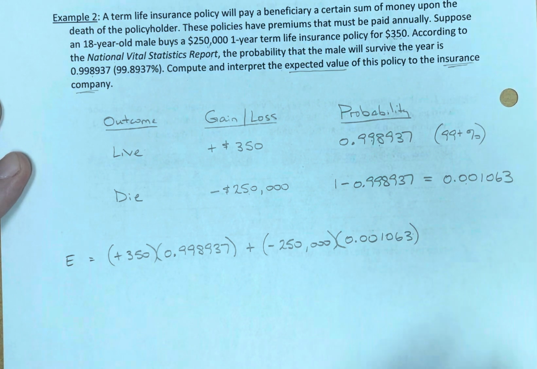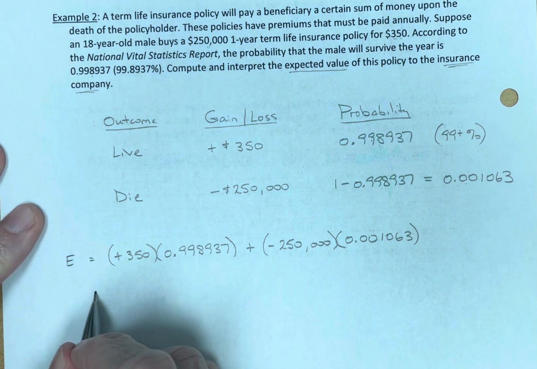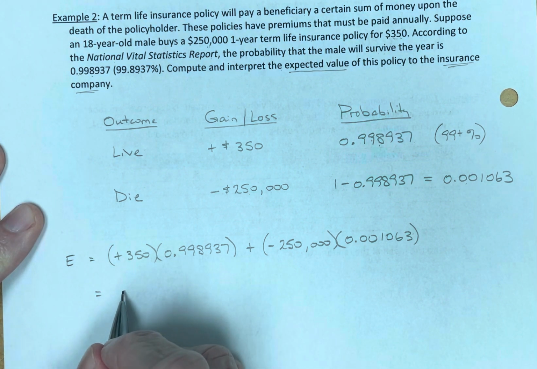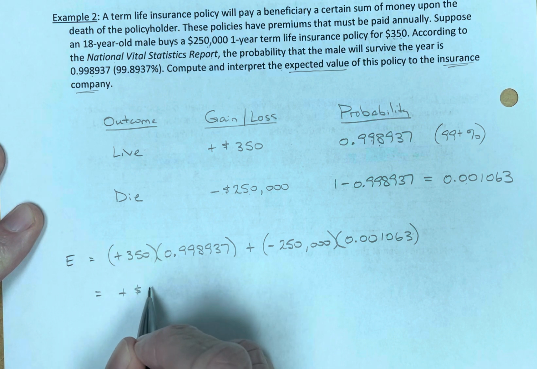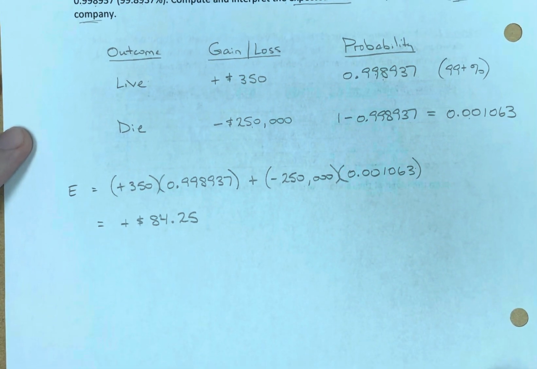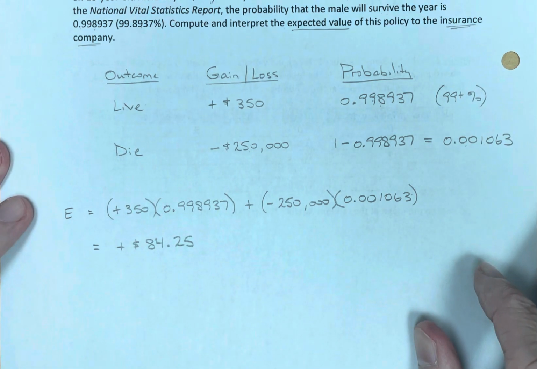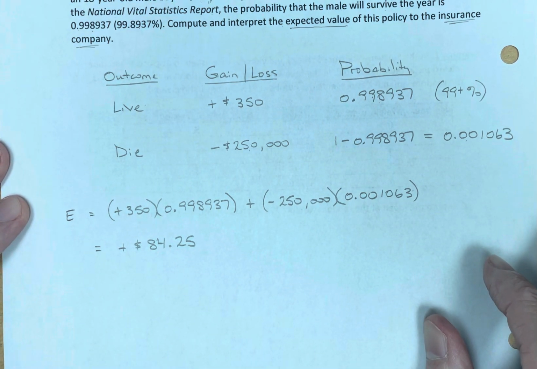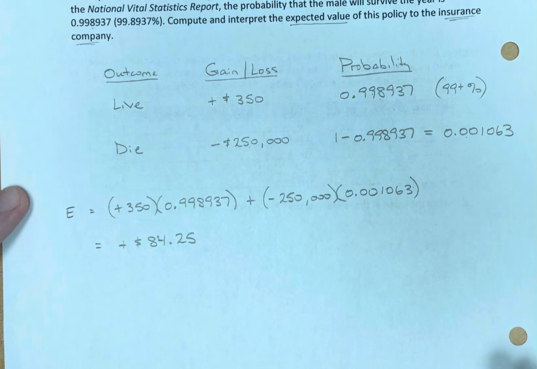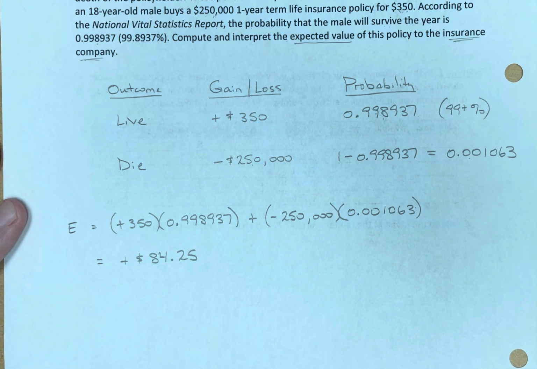So in the long run, what's going to happen with this money? This goes into a calculator. In the long run, we have a positive $84.25. So what is that? Let's interpret this.